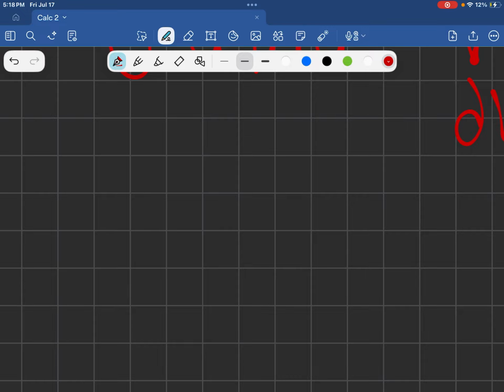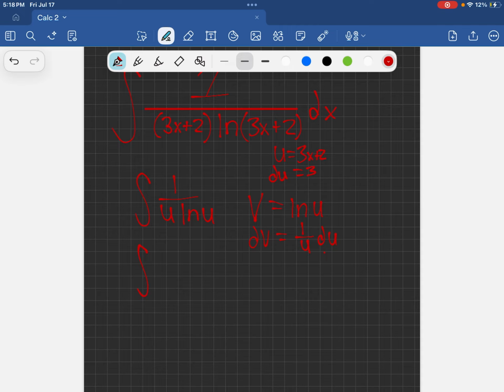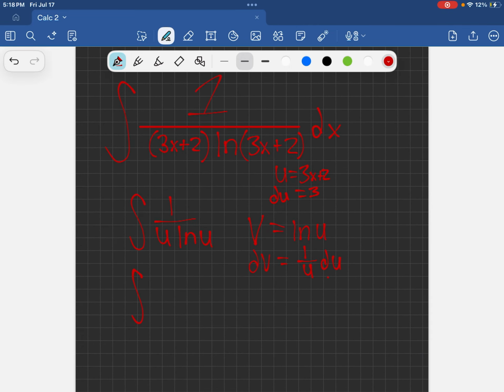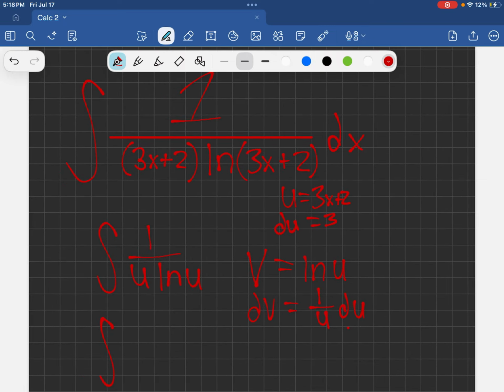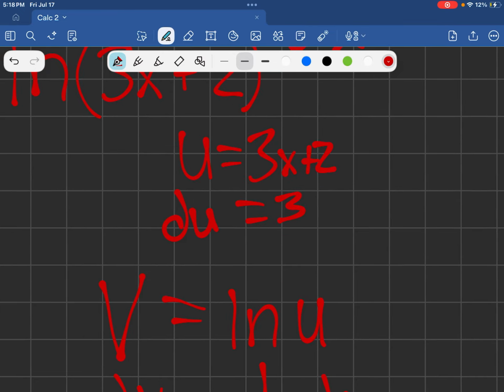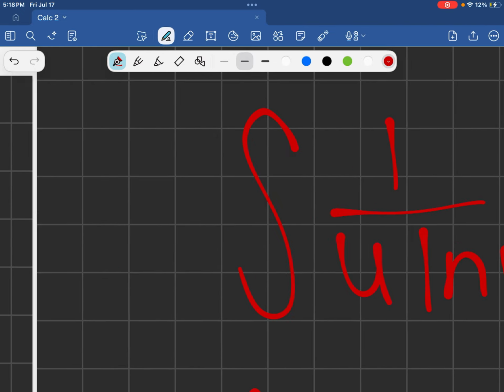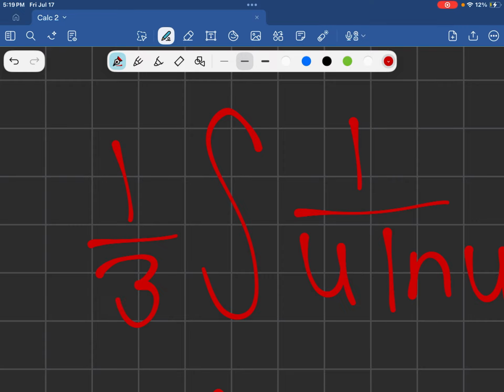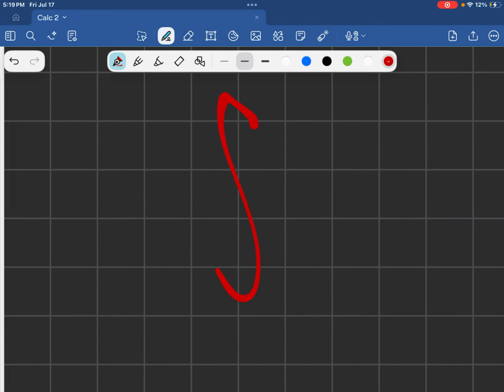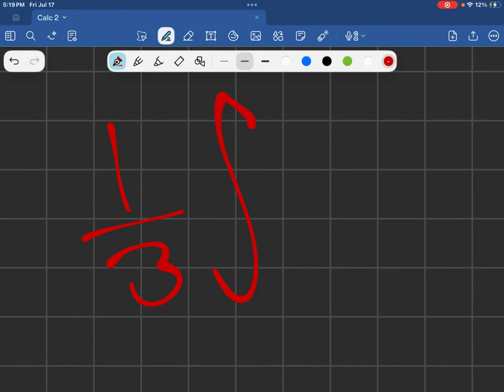So our new integral, and actually I think I forgot a 1/3 up here. Let me see. 3x plus 2, so yeah, I did forget, you need this 1/3, cannot forget that part, very crucial, very easy to forget as you can see.